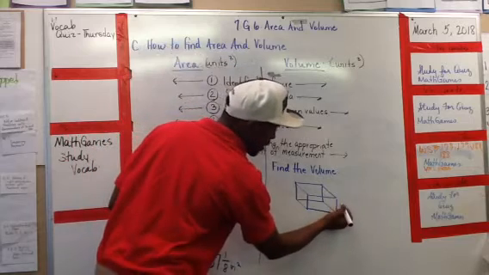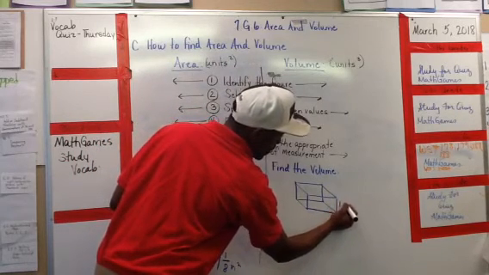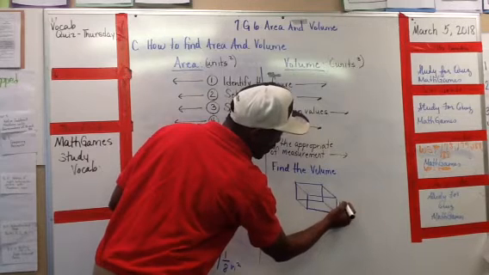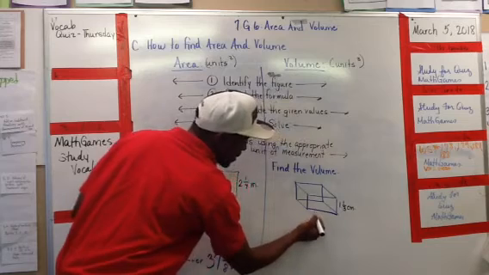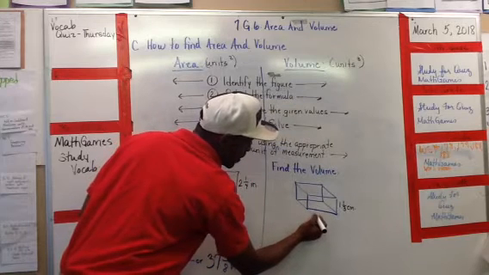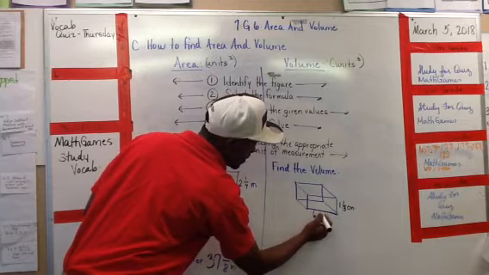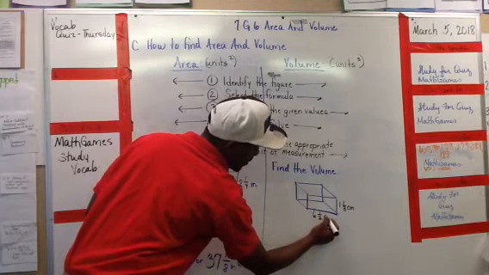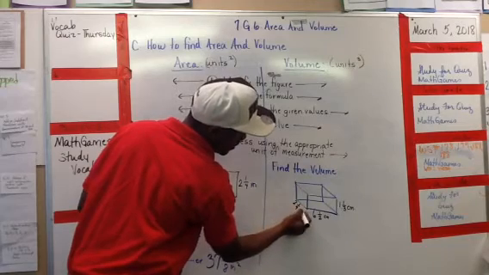Let's say the height is 1 1/3 centimeters, small box. Let's say the length is 6 1/2 centimeters, and let's say the width is 2 1/4 centimeters.